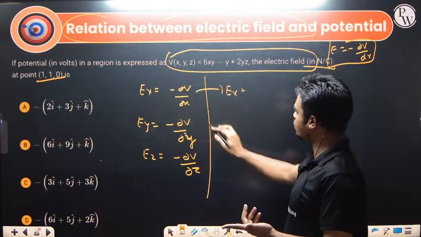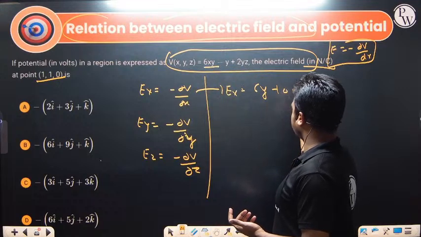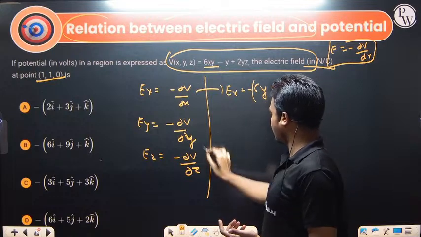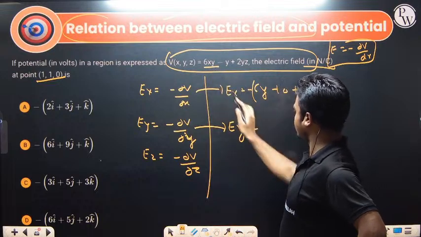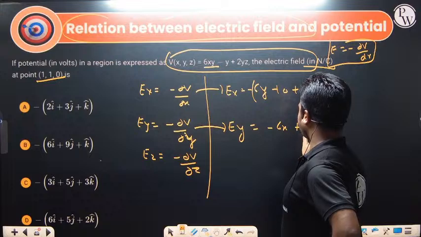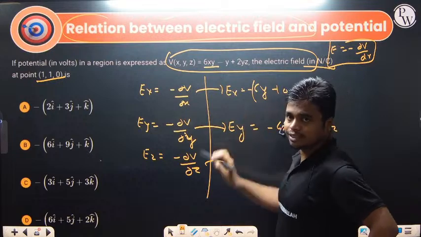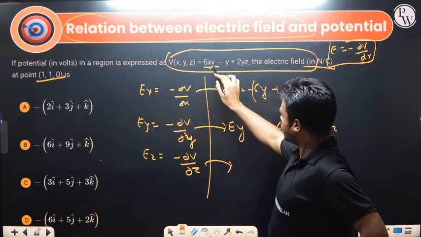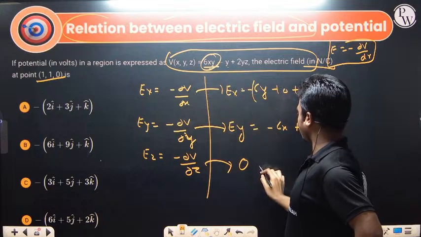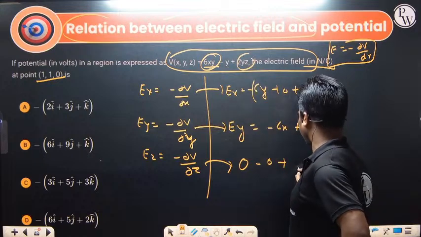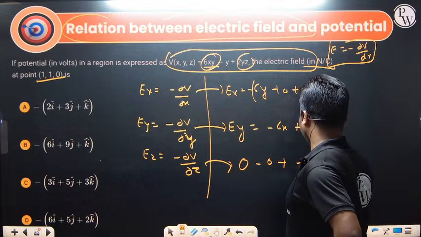With respect to x, the other terms will be constant, so we get 6y plus 0 plus 0, with a minus sign outside. For Ey, doing the partial differentiation with respect to y, we get minus of 6x minus 1 plus 2z. For Ez, with respect to z, the terms without z are constant, so they are 0, and 2yz gives 2y. Minus sitting outside, so this will be minus 2y.